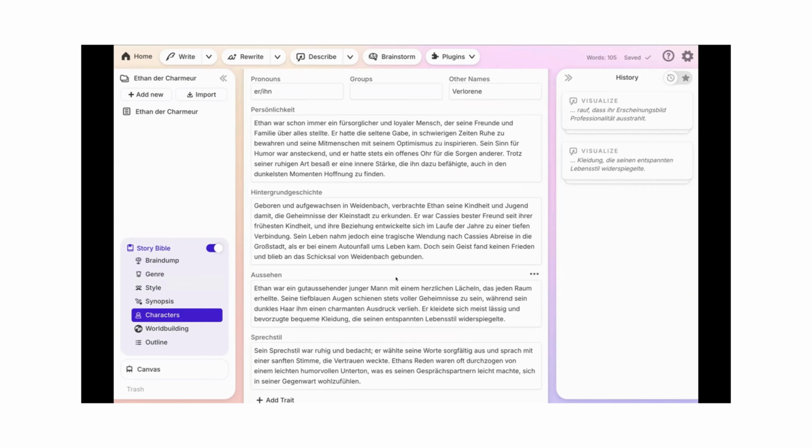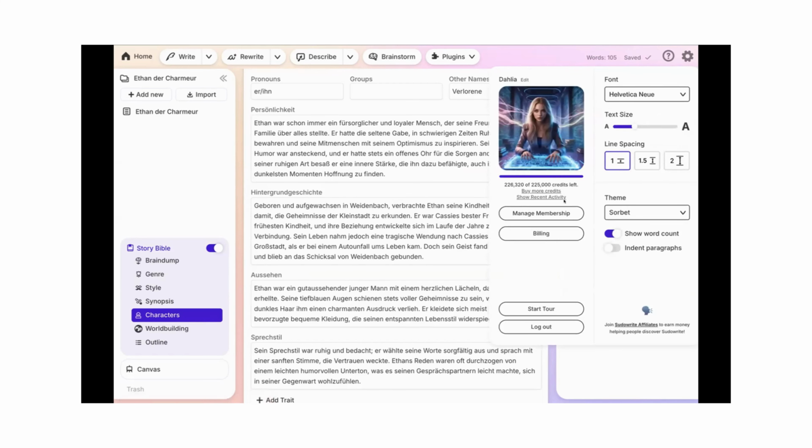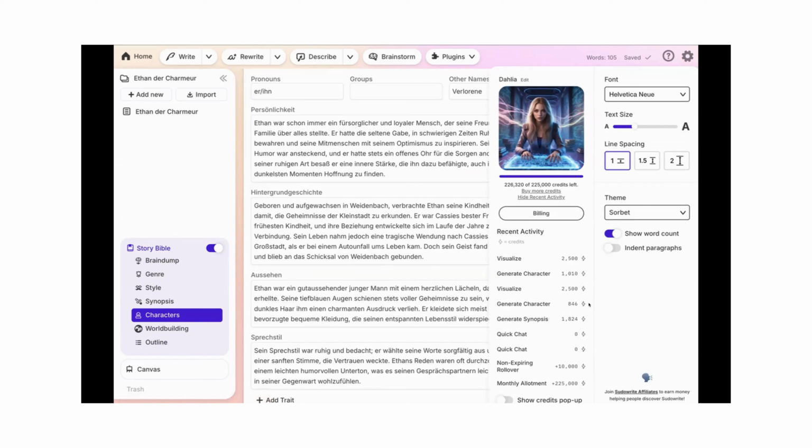Stephanie asked if we could see how many credits it took and what model it was for the visualization before we jump into Manon's story. Yeah, that's right. So 2,500, this is what we spent.